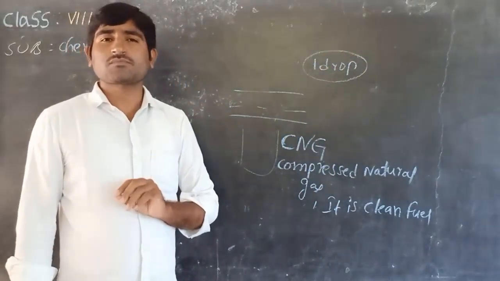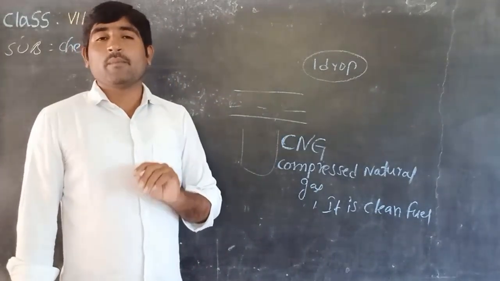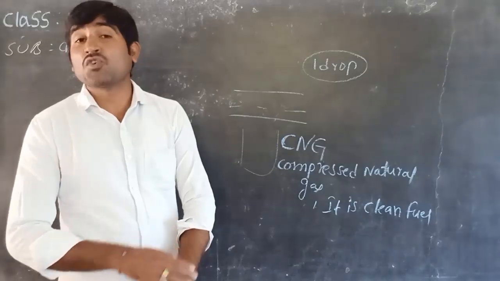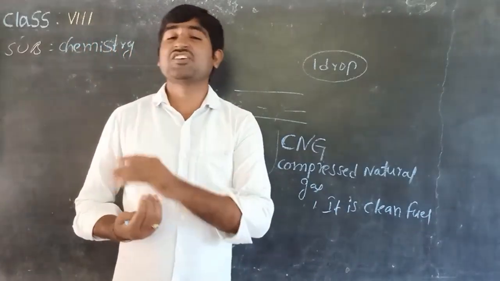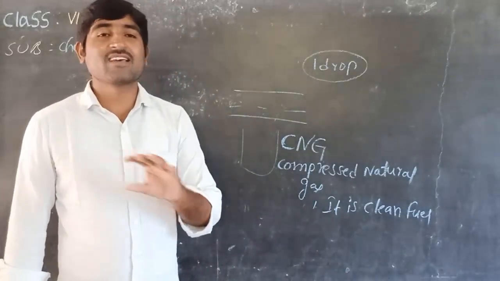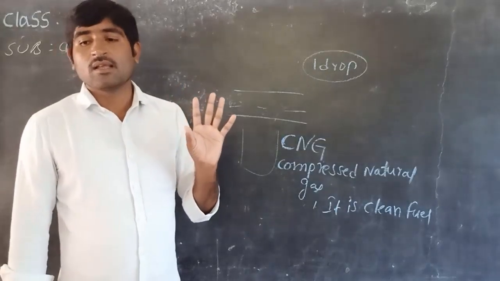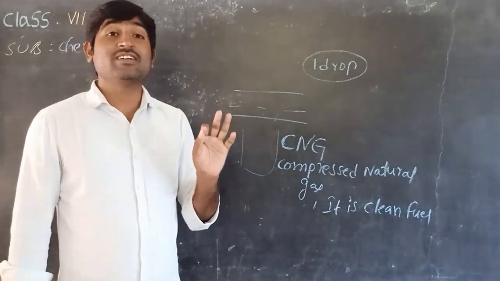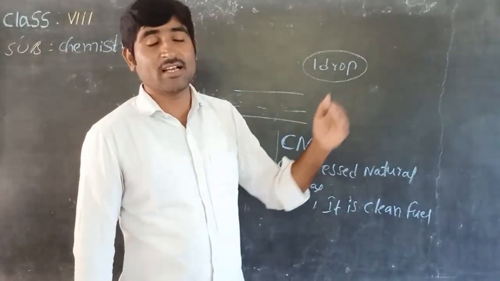And also, in our India, the Petroleum Conservation Research Association has given some suggestions on how you can save fossil fuels. Don't use the vehicles unnecessarily. Drive your vehicles at a constant and moderate speed as far as possible.